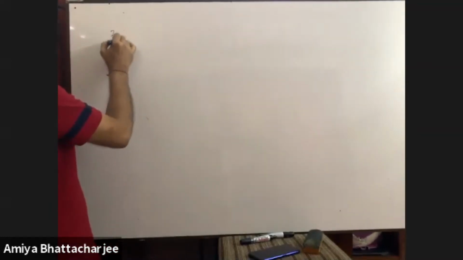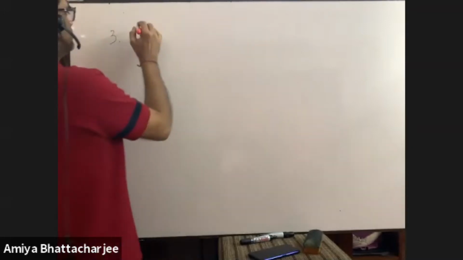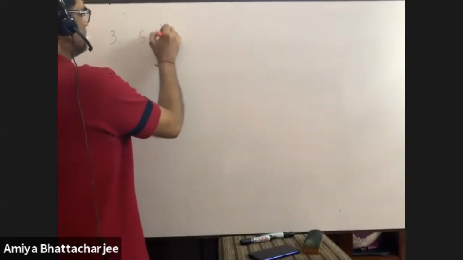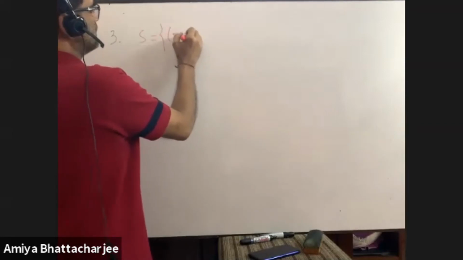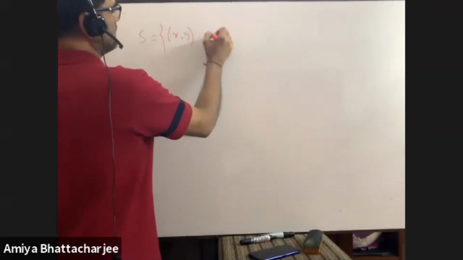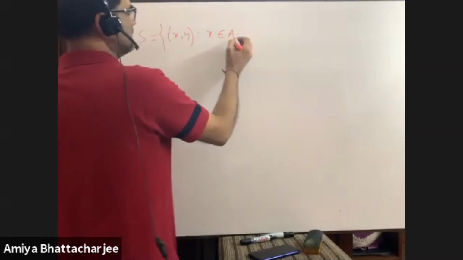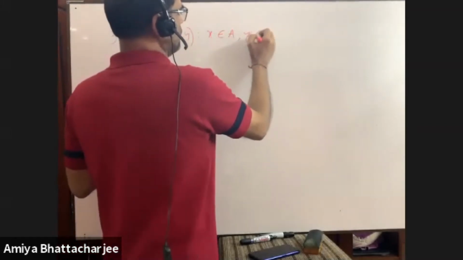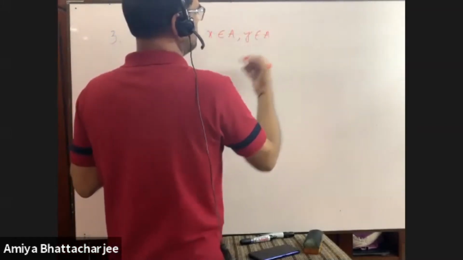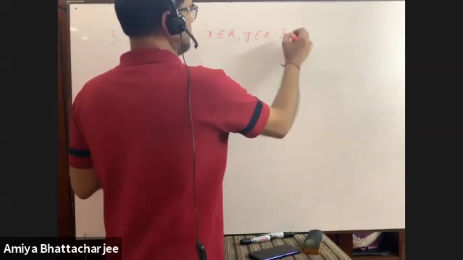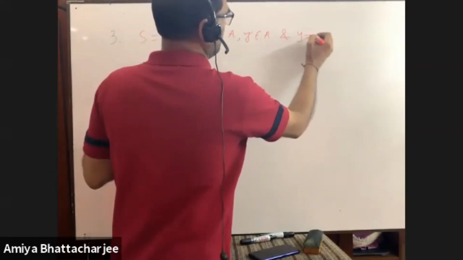Now go to question number 3. Write down, important. S equals {(x, y): x belongs to A, y belongs to A, and y equals x square}.